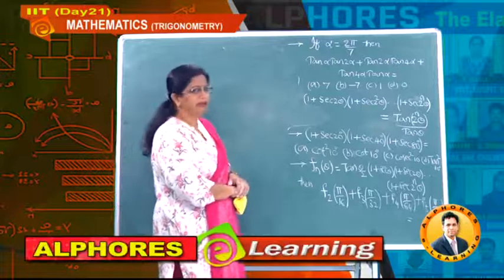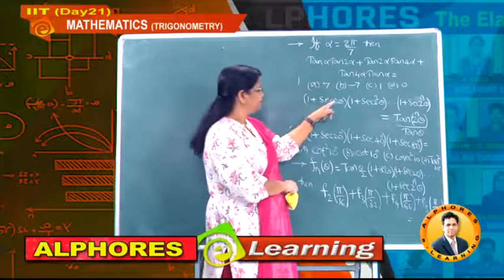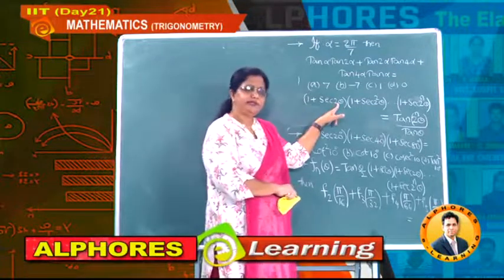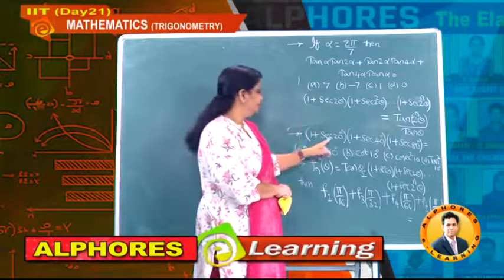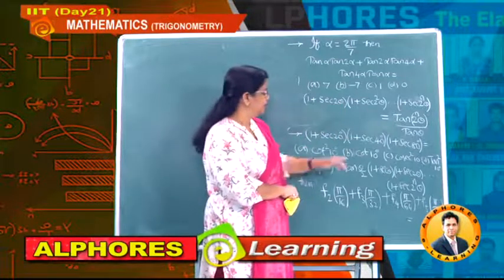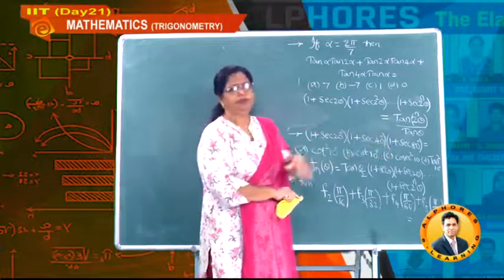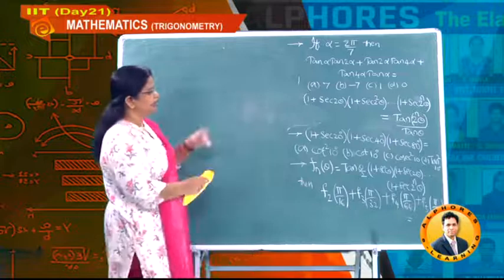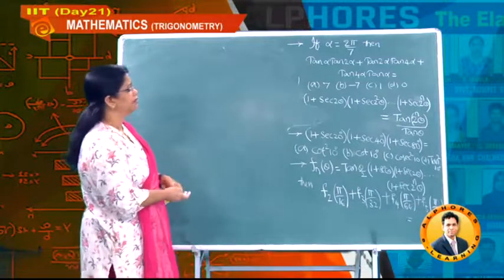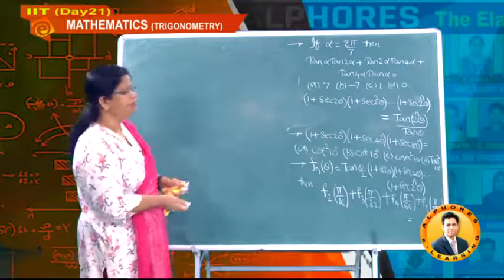Otherwise, you can do it in another way also. That is, the starting value itself is 2 theta, therefore 2 into 10 degrees, and next 2 square into 10 degrees, 2 cube into 10 degrees. So let us make use of this one as a formula so that our problem will be very easy.